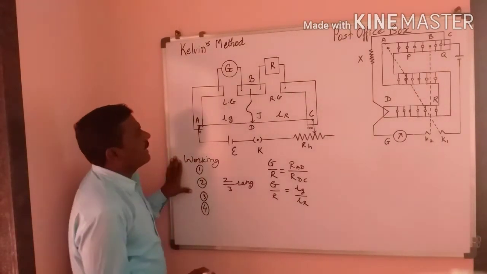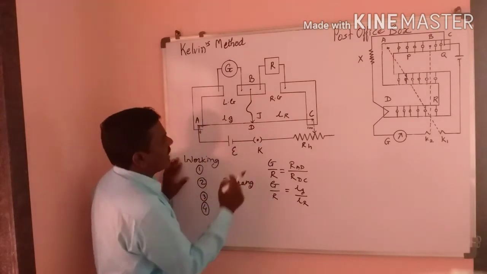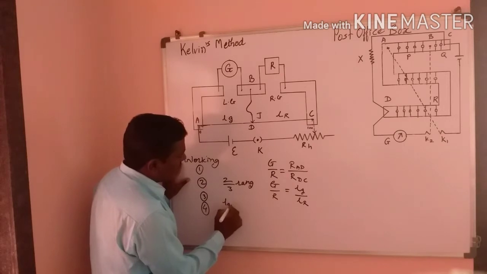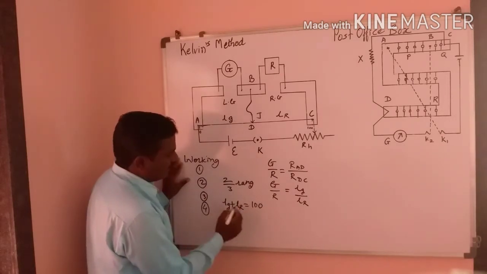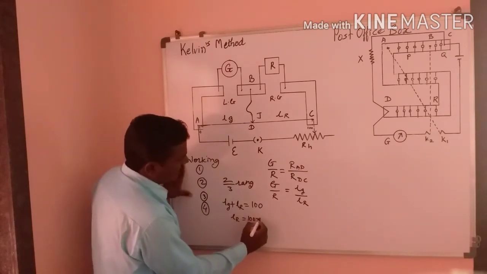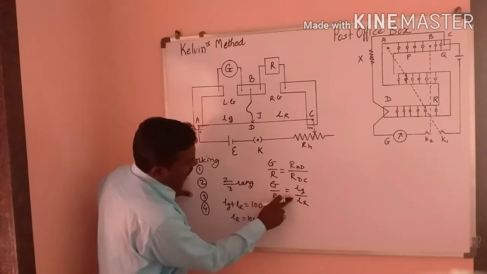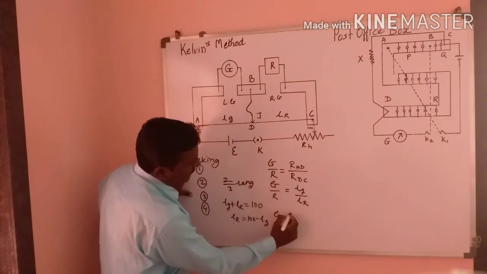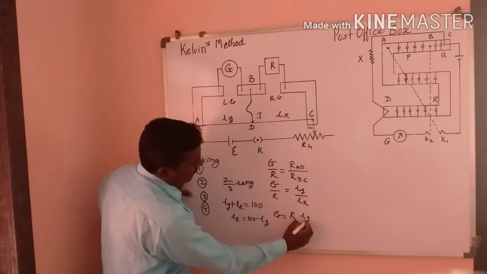But when we substitute the value, LG plus LR is how much? LG plus LR is nothing but the total 100 centimeter, and from that LR is equal to 100 minus LG. So we substitute here, G is equal to, this R in the denominator goes to the numerator, we get R multiplied by LG.